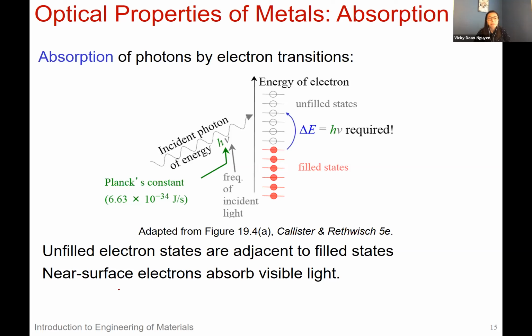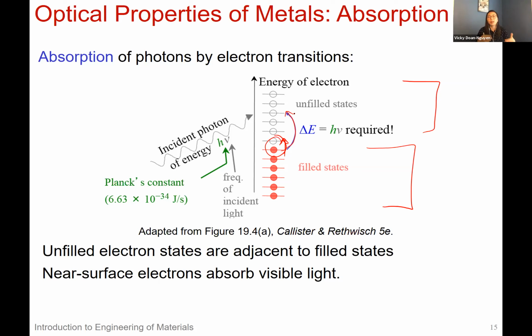So here, when we talk about optical properties of metals, specifically absorption, we briefly talked about it, where you have some filled states, and then some unfilled states where you don't have a band gap. So going from here to here is not a problem; you don't have a band gap to overcome. If you want to get to higher states, it depends on the wavelength that comes in.